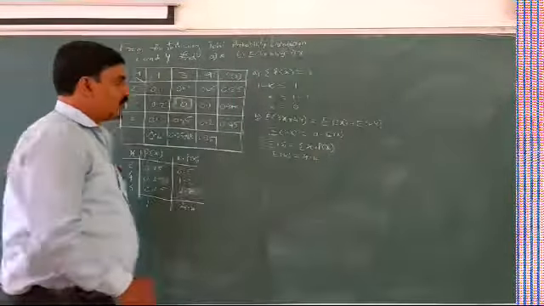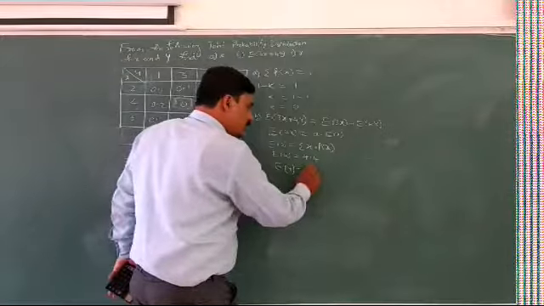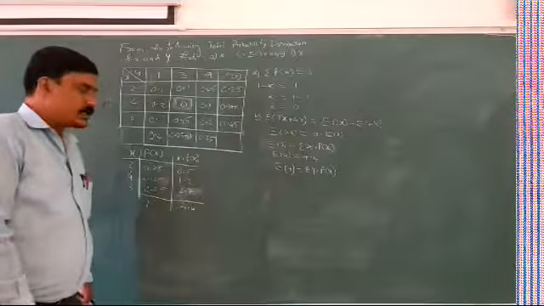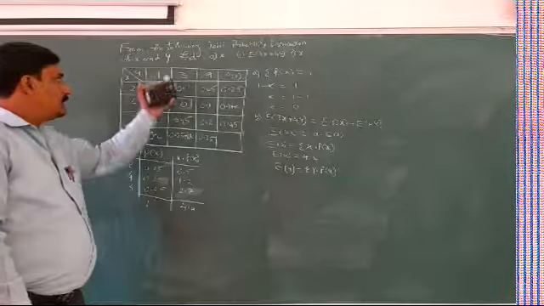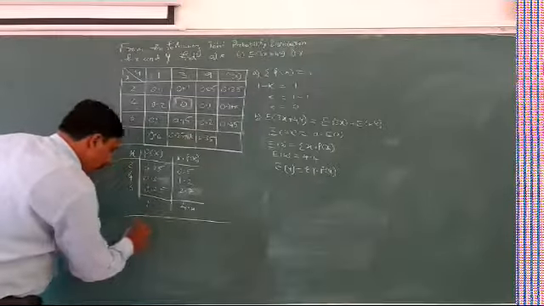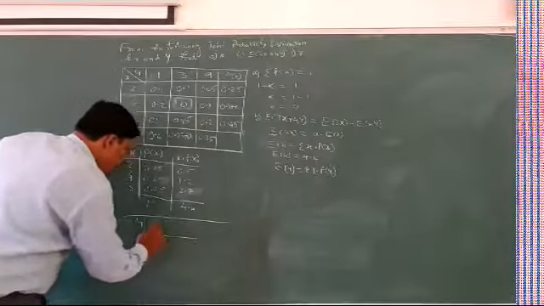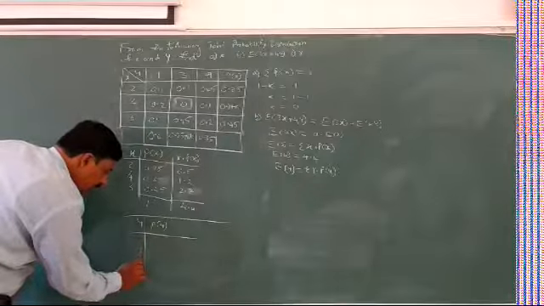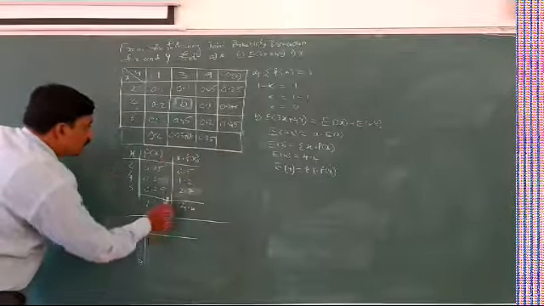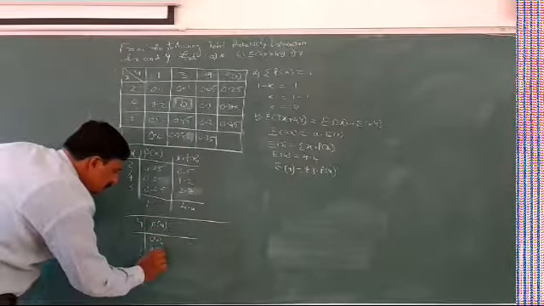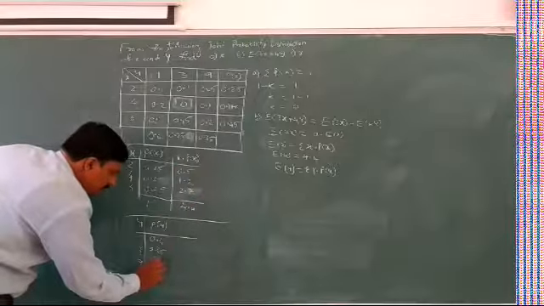And next we have to find expectation of y. So expectation of y is equal to summation of y into p of y. To find the expectation of y, we take the marginal probability distribution of y variables, that I will write here. So y variables are 1, 3 and 9, and their respective probabilities are 0.4, 0.25 and 0.35.